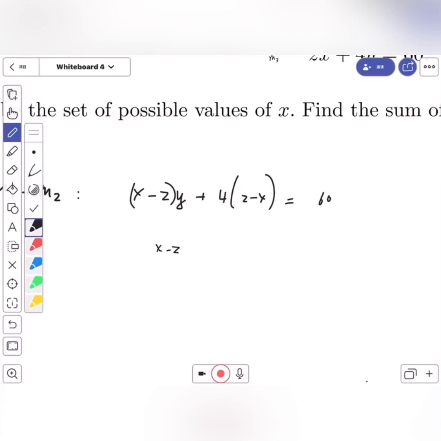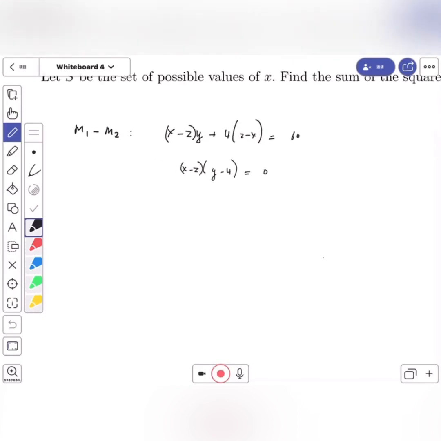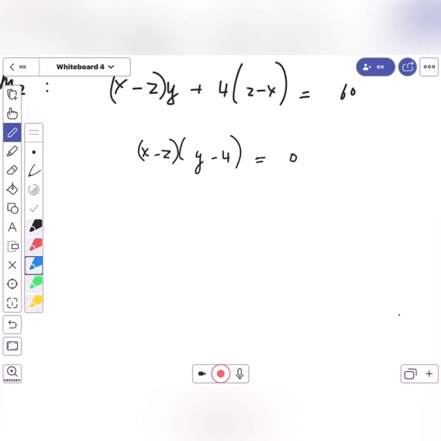Then we get x minus z times y minus 4, sorry, y minus 4. That is equal to 0. Okay, so we're going to have two cases.